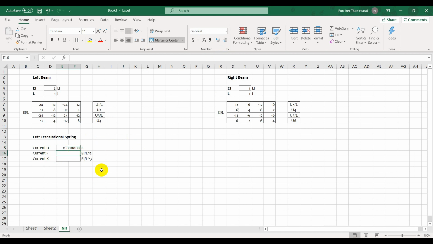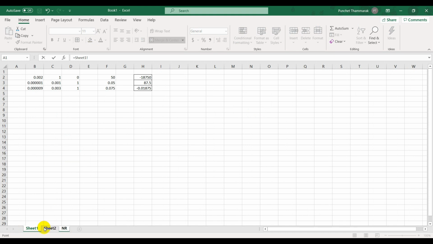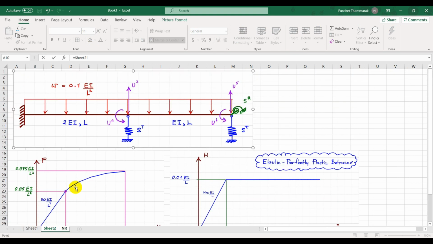Force is equal to what? Get the equation. The equation is in here.